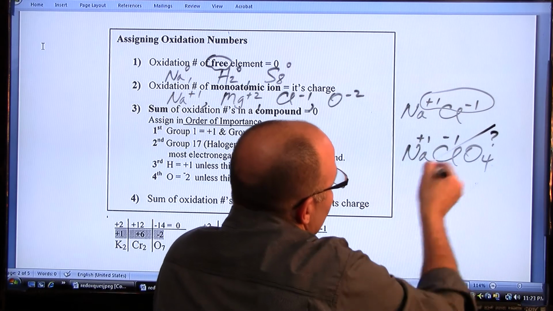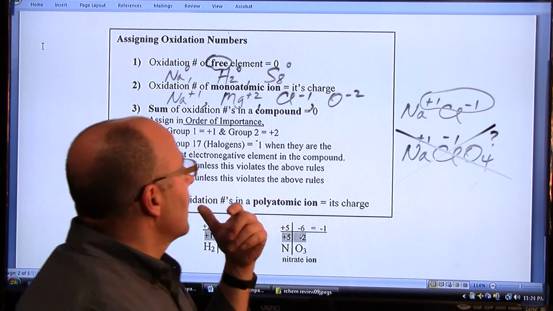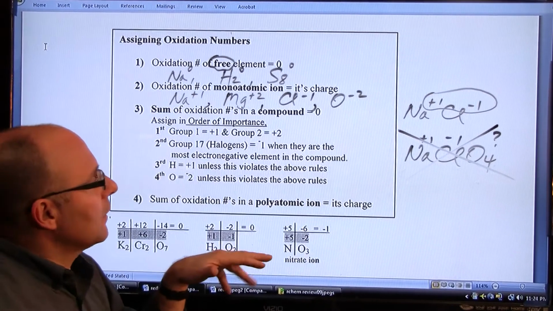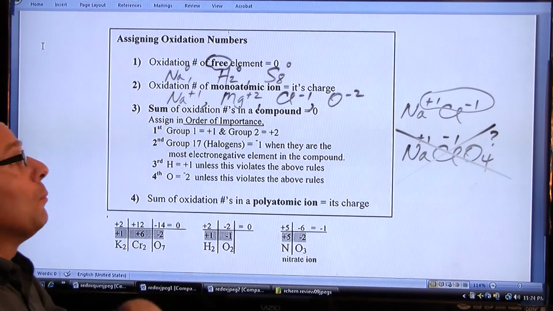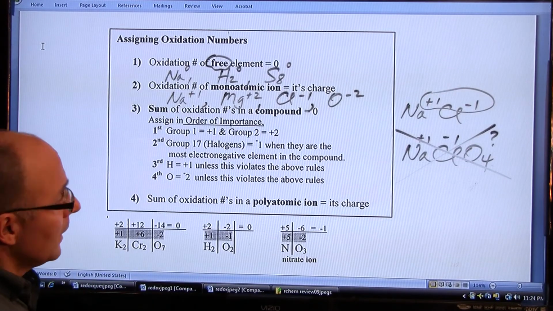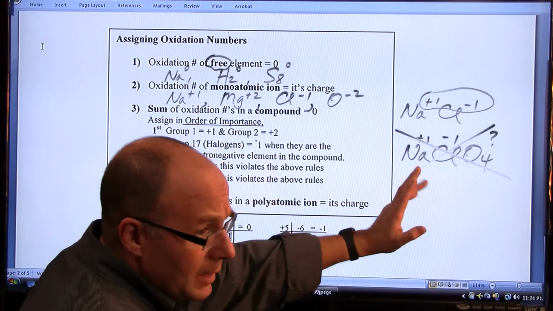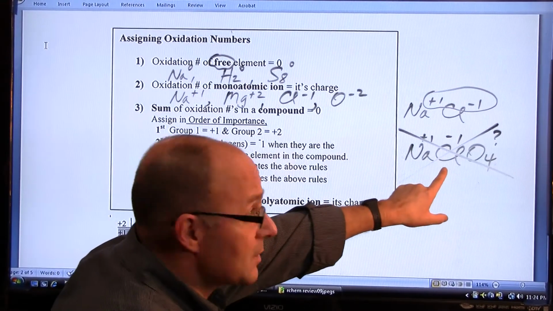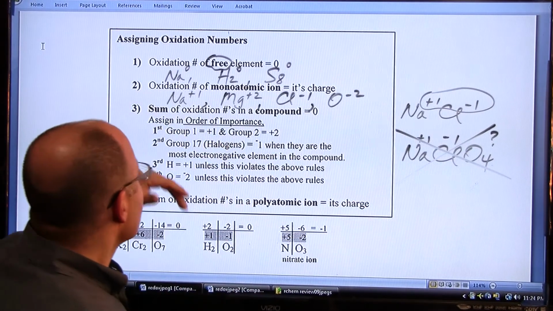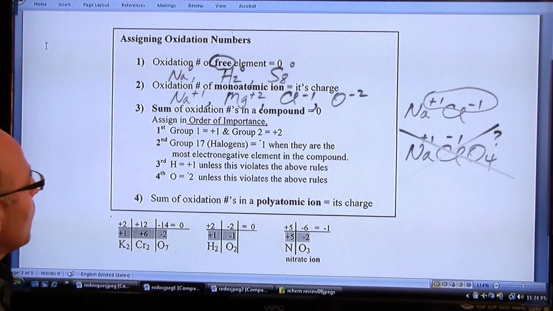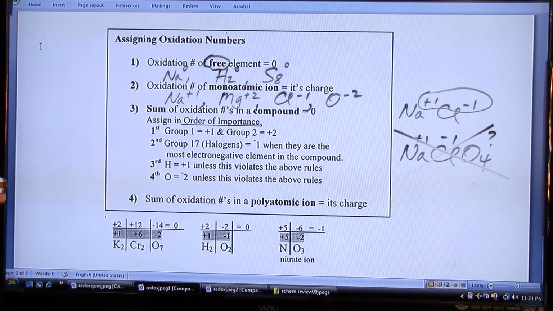So there must be a way of working out what each of these elements are, and that is the elements that have more than one oxidation state. And the one that has more than one oxidation state here typically happens to be the Cl. All right? So here are the rules, and I'll show you how to work it out in this specific example.